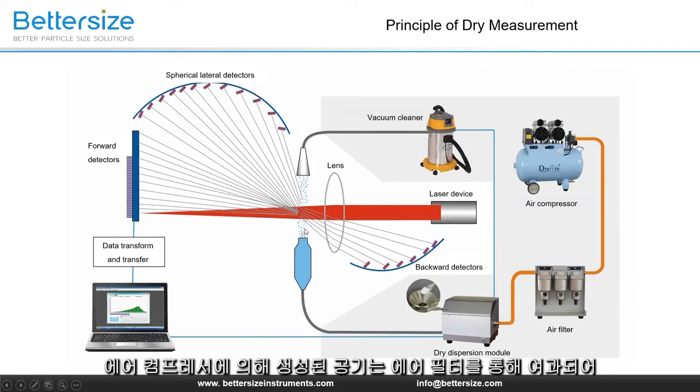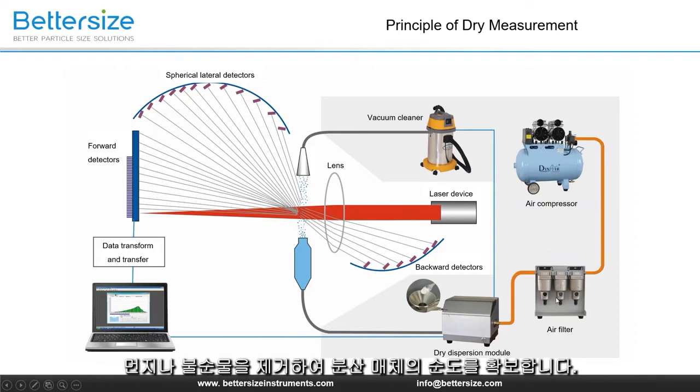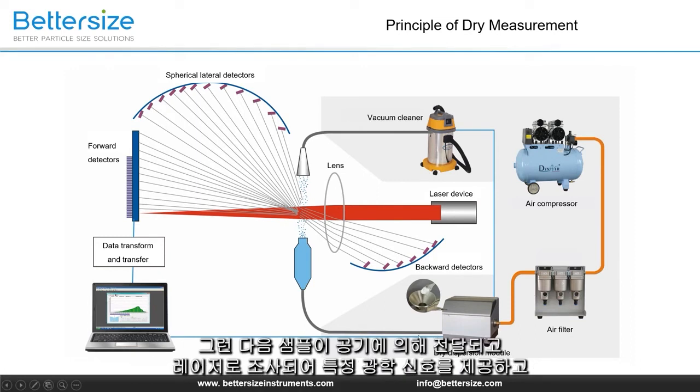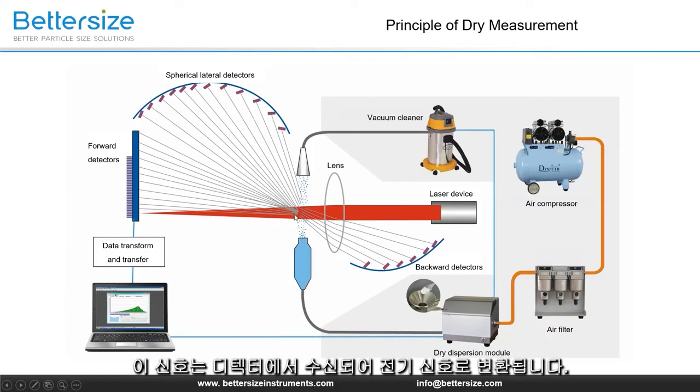The air is generated by the air compressor and filtered by the air filter to remove the dust and other impurities to ensure the purity of the dispersion medium. Purified air enters the dry feeder where users introduce the sample. The sample is then delivered by the air and irradiated by the laser to provide specific optical signals, which are received by detectors and converted into electrical signals.